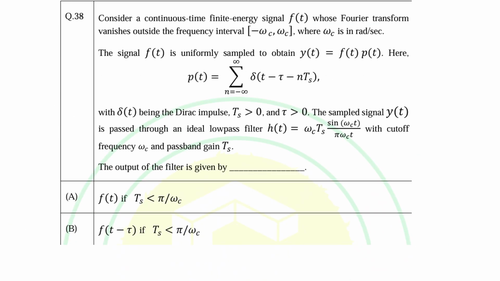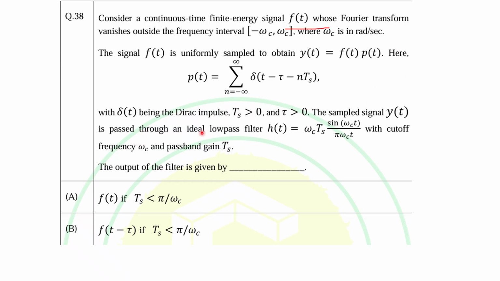Okay, so let's take another question. Consider a continuous time finite energy signal f of t, whose Fourier transform vanishes outside minus omega c to omega c. So a band limited signal is given, with frequency range omega c, and the signal f of t is uniformly sampled. y of t is equal to this, right? This is a concept related to the communication system.